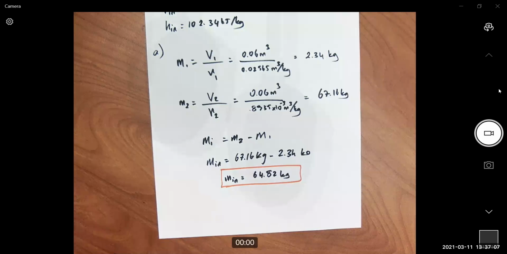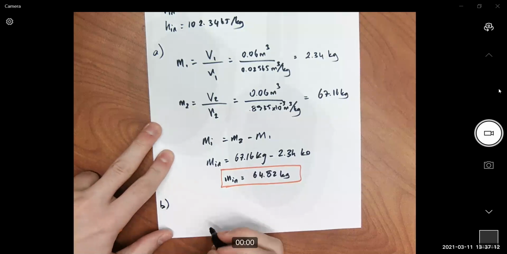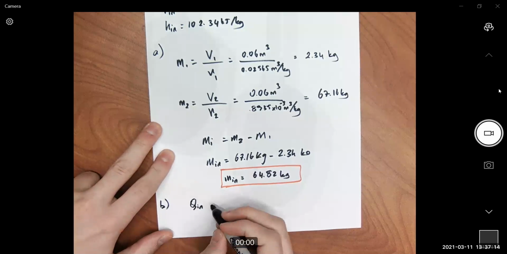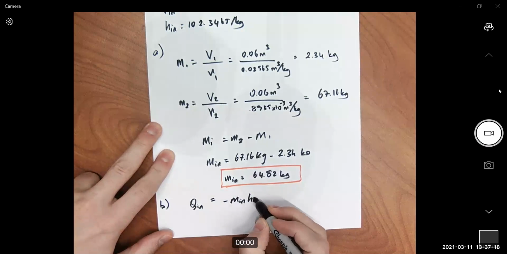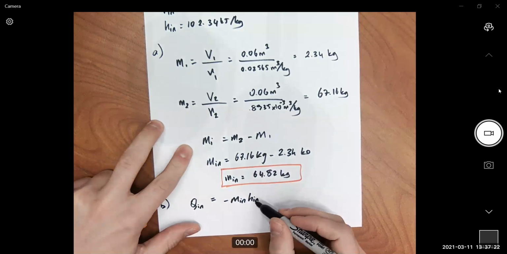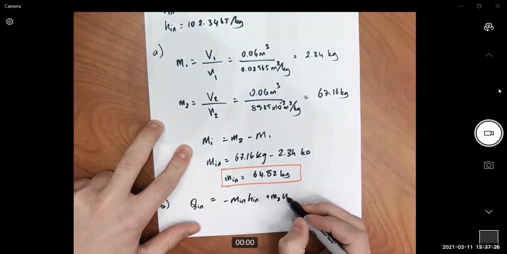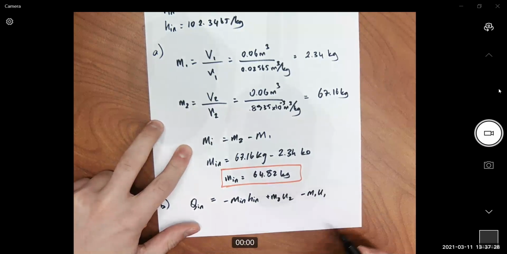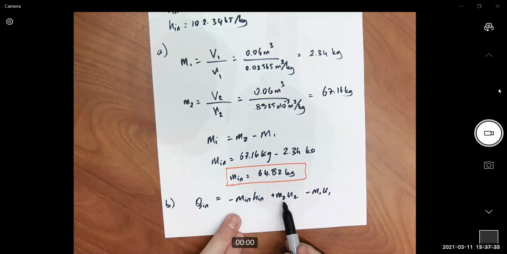And I also find how much heat enters the system. Q in equals minus Mn Hn plus M2 U2 minus M1 U1. I know every single one of these.